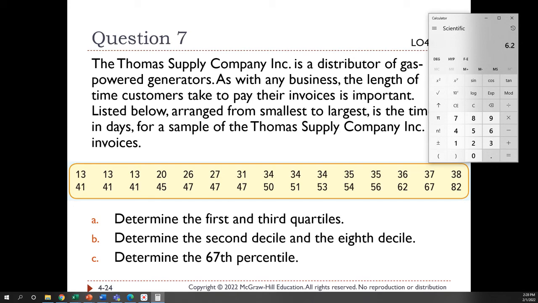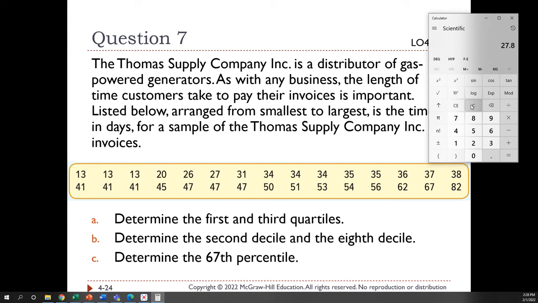So again, we should be able to take 31 minus 27, times by 0.2. That gives us 0.8. So add that to 27. Gives us 27.8. Nice.